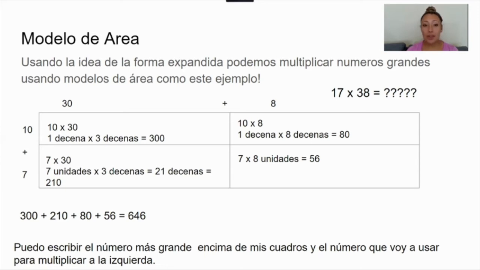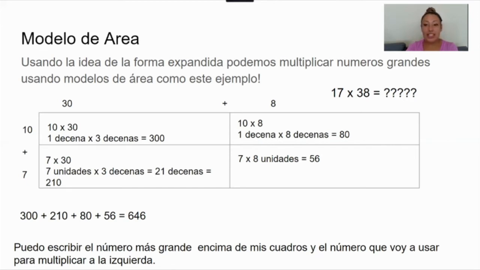Pueden tomar un momento para escribir tal vez la definición, tal vez este ejemplo, tal vez cómo puedo sumar los productos parciales. Cuando están listos para seguir, pueden decir listos en voz alta. ¿Estamos todos listos?